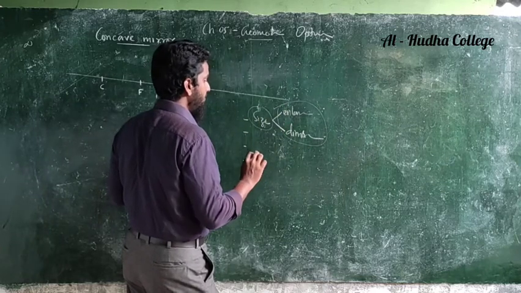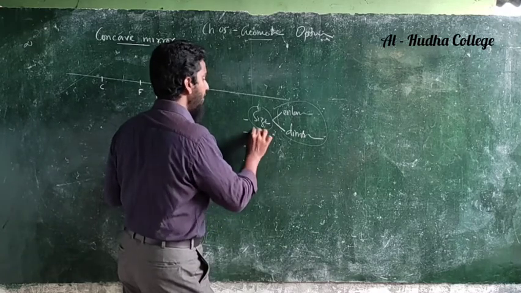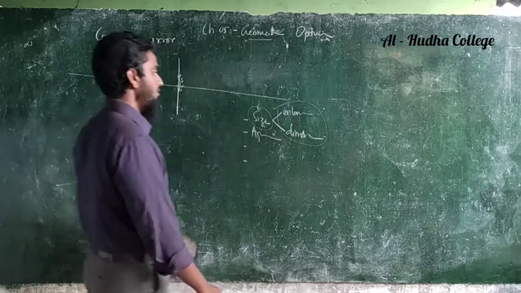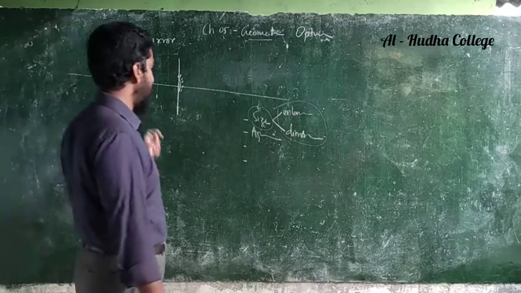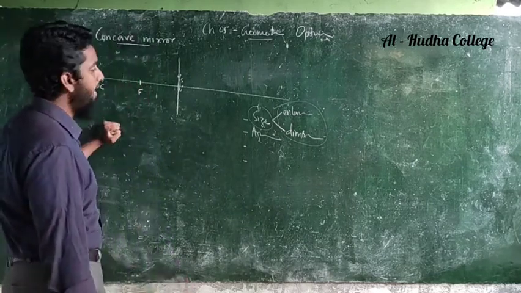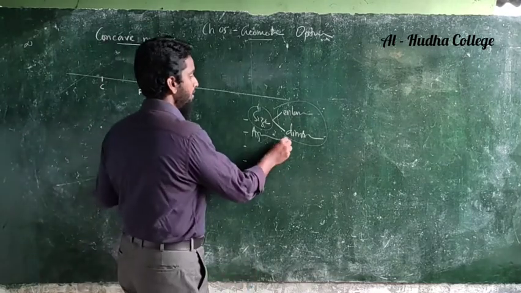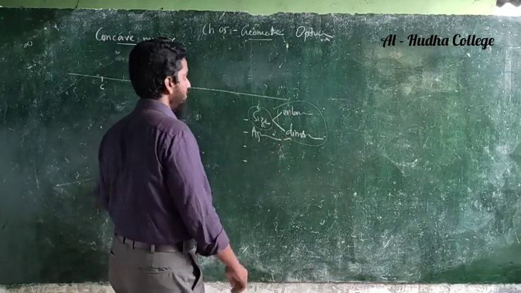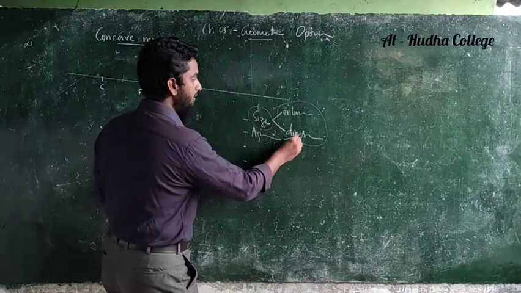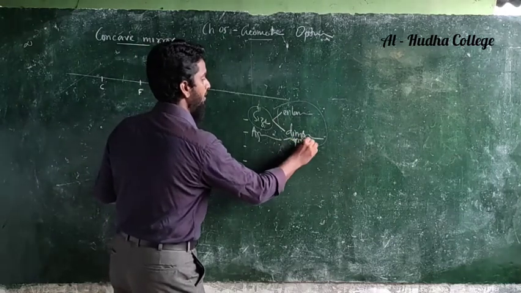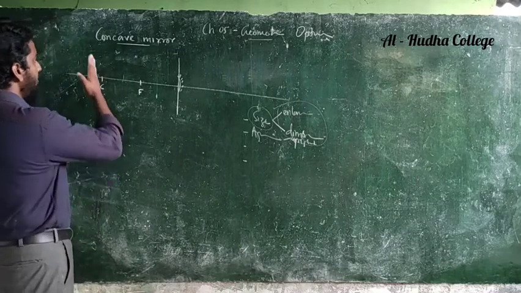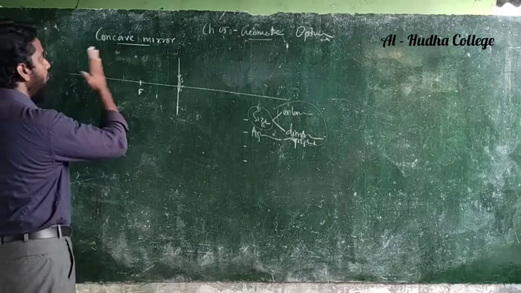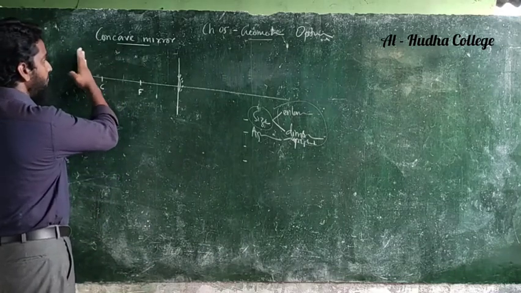The second one is appearance. Sometimes the image can be formed vertically upright. Upright means the image is formed like the object.